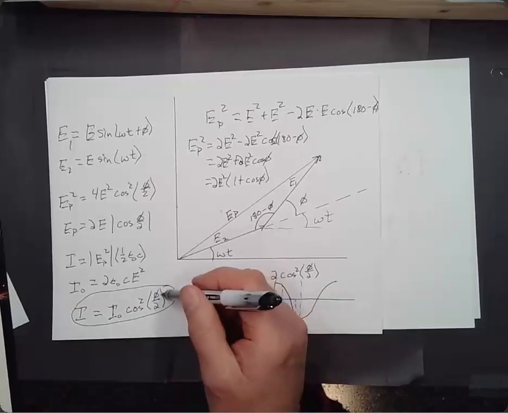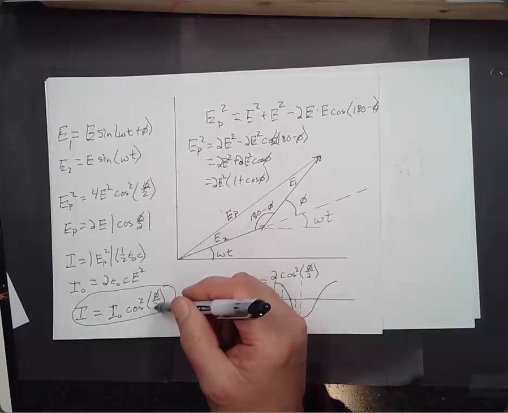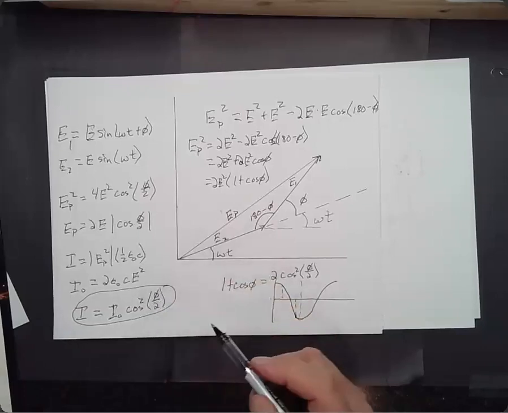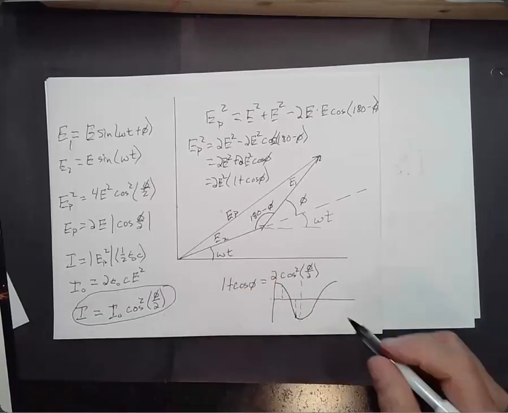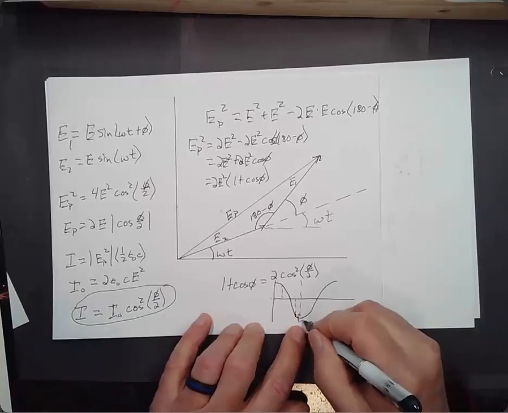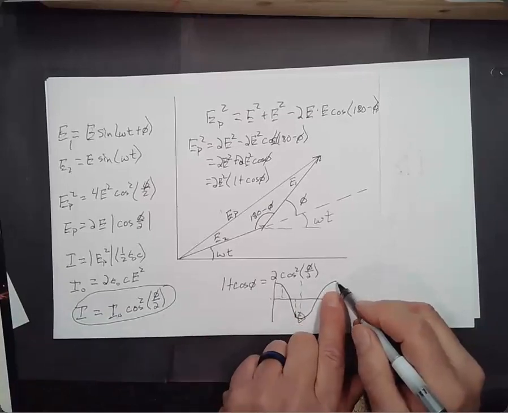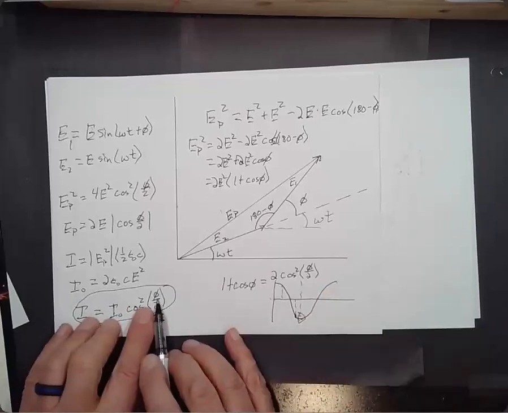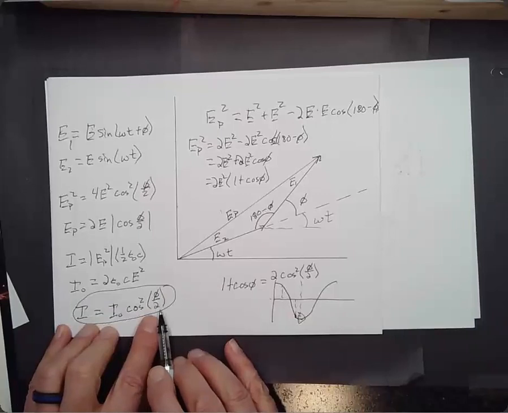However, if phi has a value that will make the cosine of phi over 2 equal to 1, then you get something that's just as bright again. And so let's see, when is the cosine equal to 1? It's equal to that at pi. It's equal to that at 2 pi. So if phi is equal to pi, whoops, except we're dividing by 2.